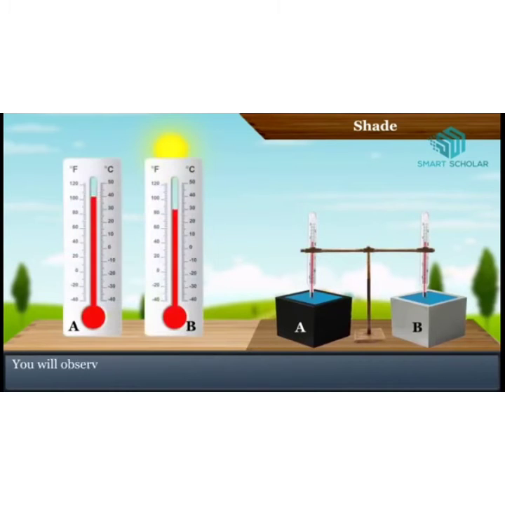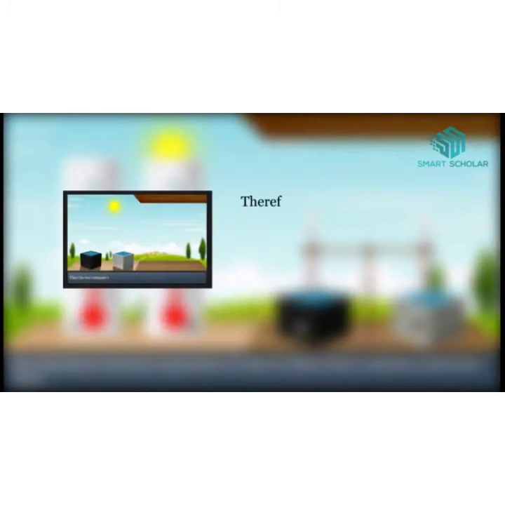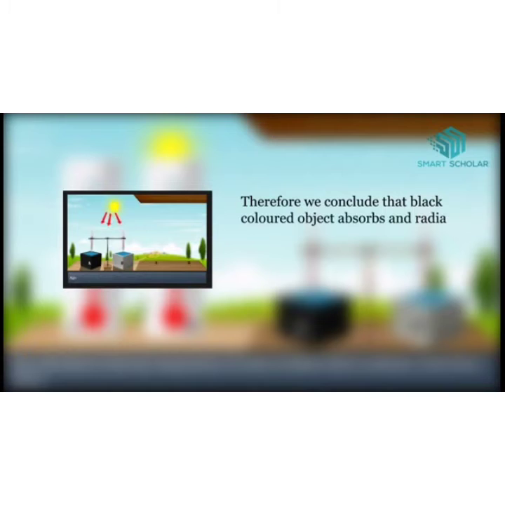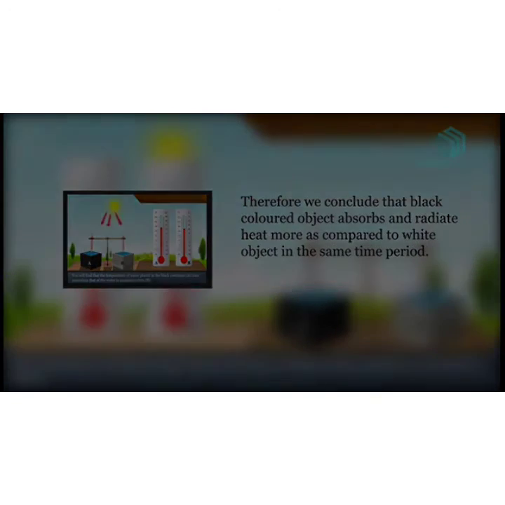You will observe that the temperature of water in the black container cools down faster. Therefore, we conclude that black colored objects absorb and radiate heat more as compared to the white object in the same time period.